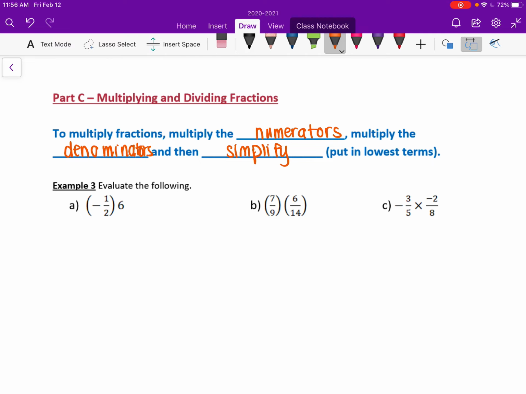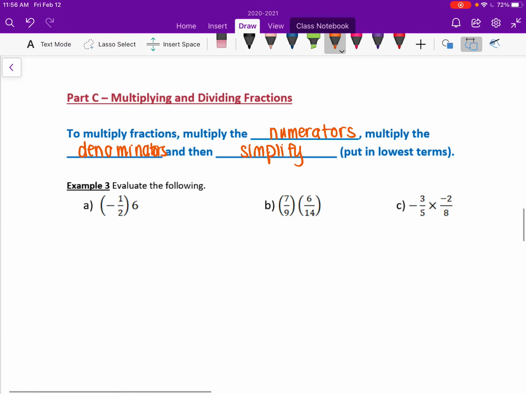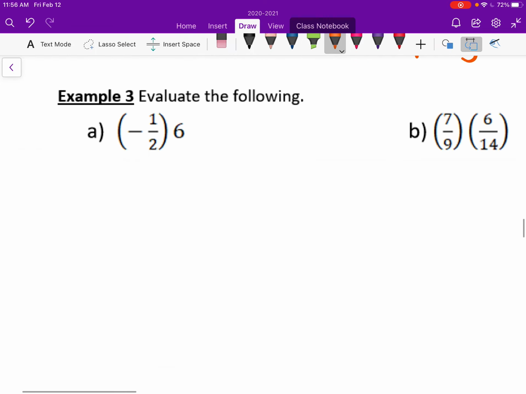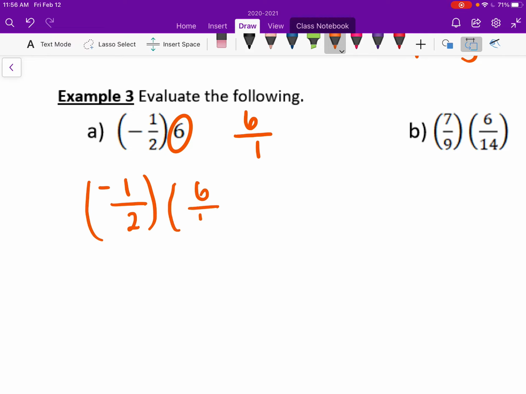So if you have, for example, number A here, the thing that's confusing sometimes is when you have whole numbers. Whole numbers are the same thing as writing just the number over 1, because if you did 6 divided by 1, you would have that whole number. So let's do negative 1 over 2 multiplied by 6 over 1. You're going to multiply the two top numbers.